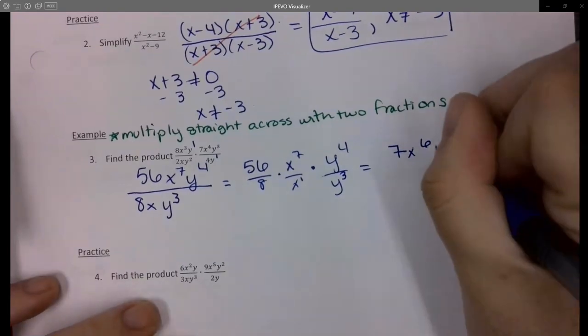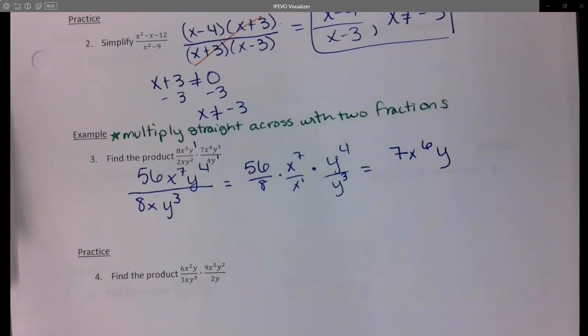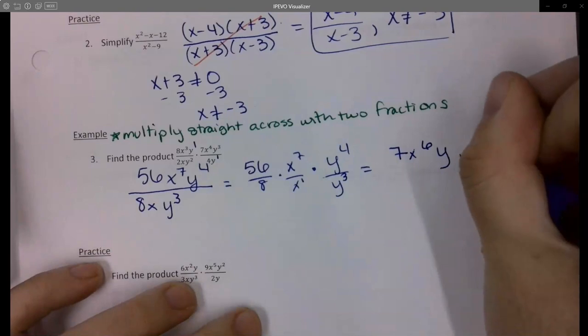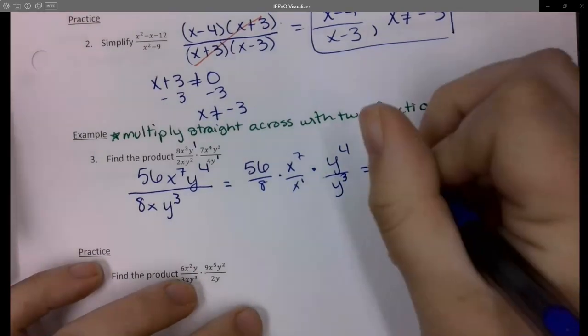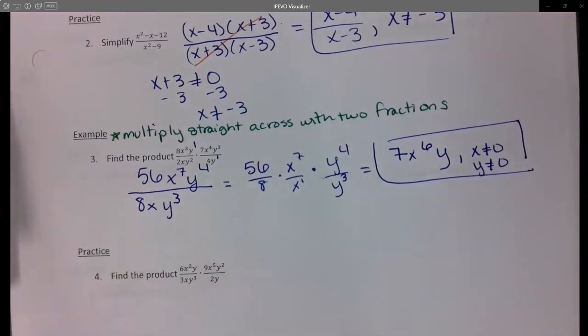Just y. So, because I got rid of x and y from the denominator, x and y both can't be 0. And this is my final answer.